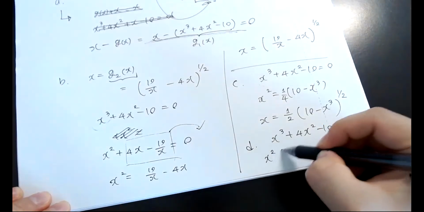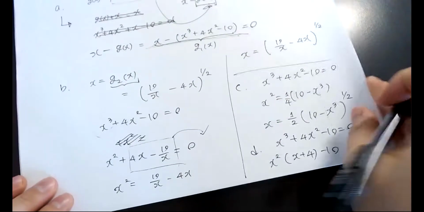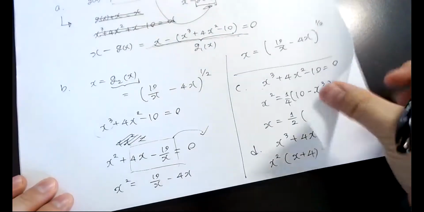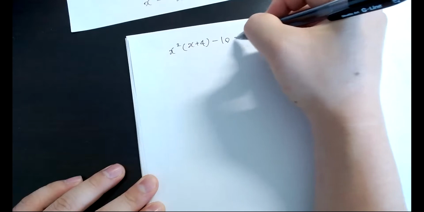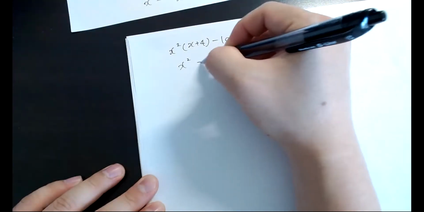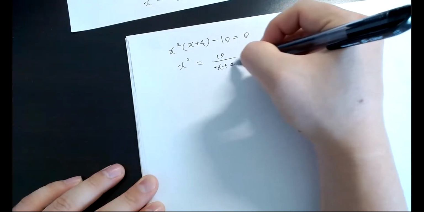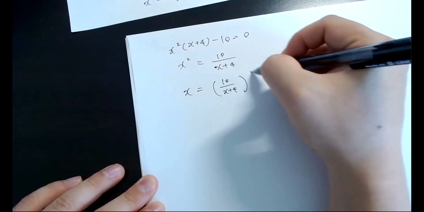So we get x squared times x plus 4, minus 10 equals 0, and then we move 10 and divide by x plus 4. Then we get x squared is equal to 10 over x plus 4. Then x is equal to the square root of 10 over x plus 4, right?